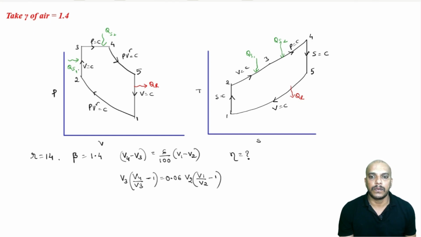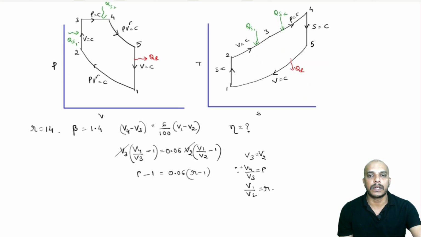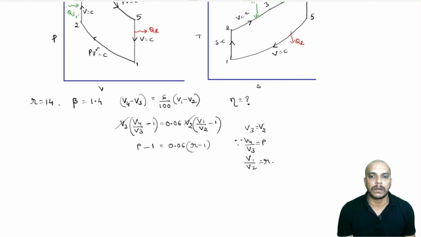V4 by V3 is the cutoff ratio rho, and V1 by V2 is the compression ratio R. We can cancel V3 and V2 because V3 is equal to V2, as between process 2 and 3 the volume is constant. So, rho minus 1 is equal to 0.06 times R minus 1. The only unknown is rho.